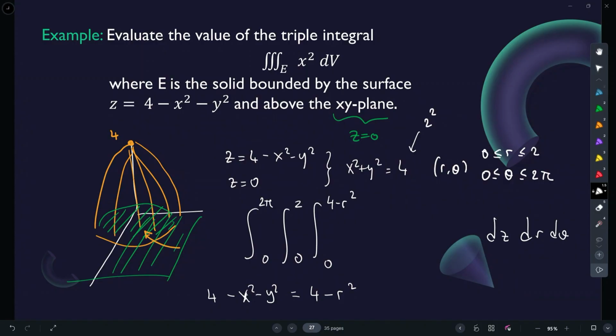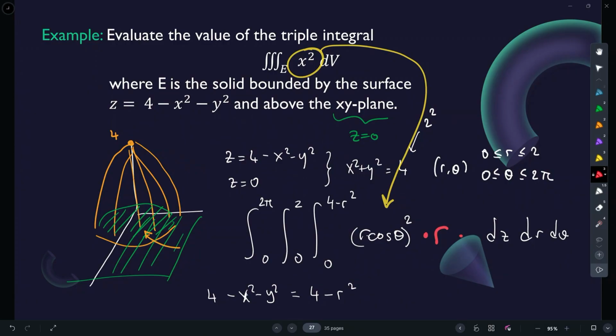And I'm integrating, not 1, and not computing the volume. I'm computing the integral of x squared. So x squared, I have to translate x as r cosine theta. So this is going to be r cosine theta squared. That's how I translated x squared over there. And I have to multiply by my conversion factor. Okay?